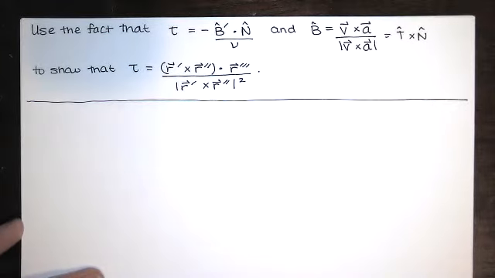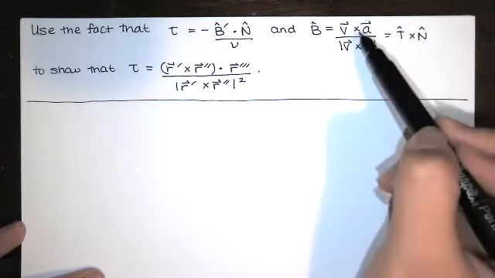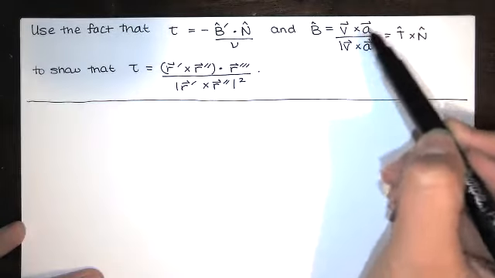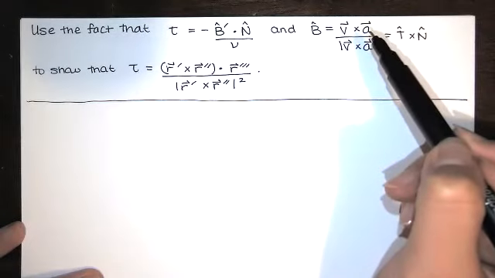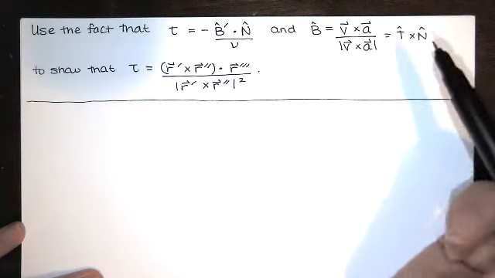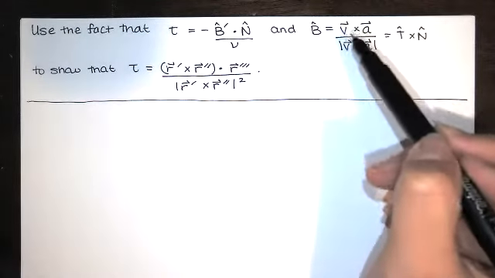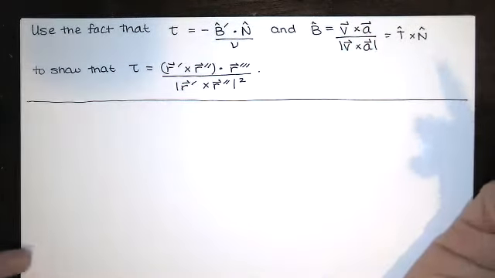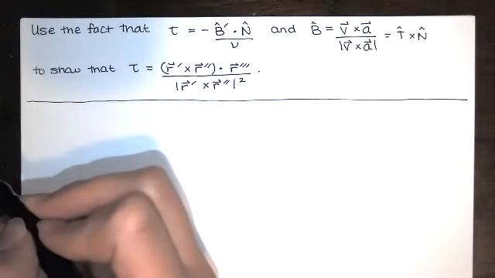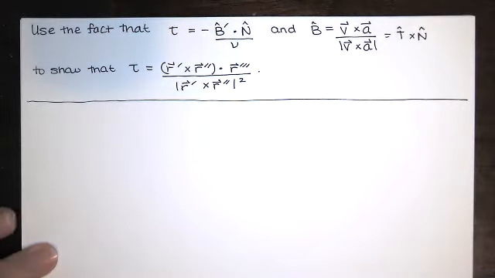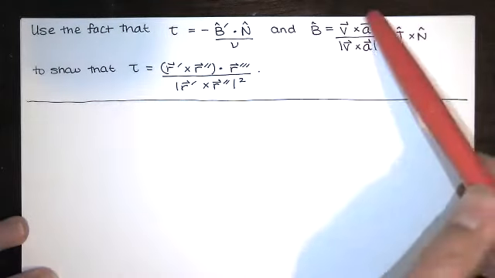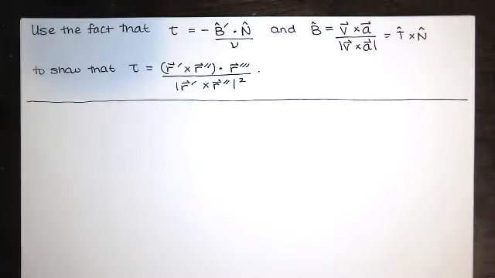So I think it's helpful to start on this side and think of acceleration in terms of the unit tangent and the unit normal, and also to think of the velocity in terms of the unit tangent and the unit normal. My plan is to evaluate this expression first and show that it's equal to that.